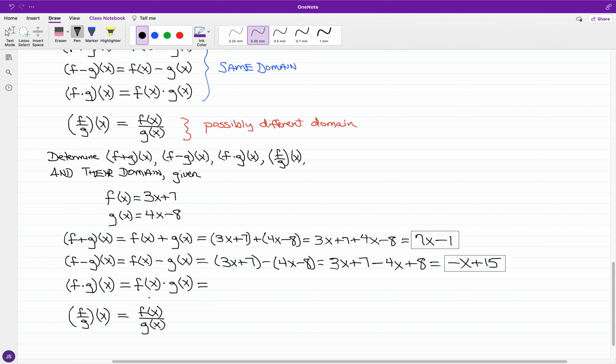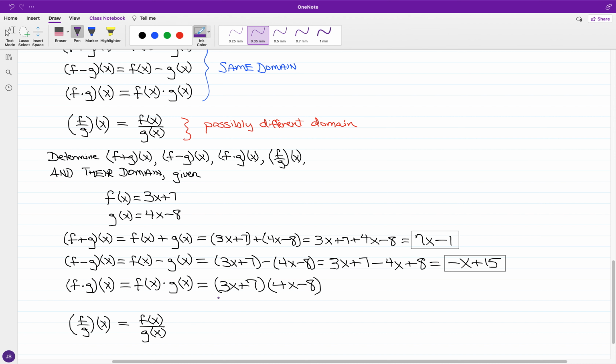Now, still for f of x and g of x, if we multiply together, we have 3x plus 7 times the quantity 4x minus 8. Again, just looking at foiling this out.